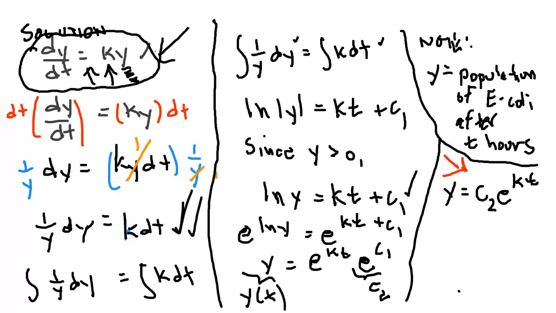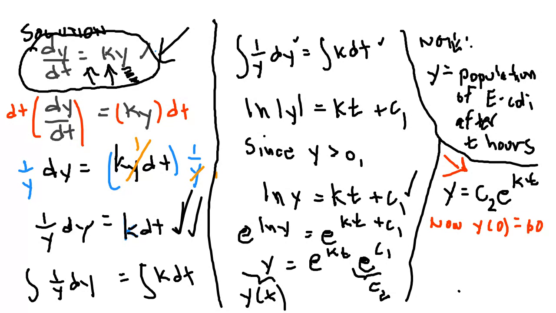But we want to find out what those constants are. So we need two pieces of information. Well, we were given that initially, how many E. coli cells are there initially? 60. That's right, Susanna. So y of 0 equals 60.